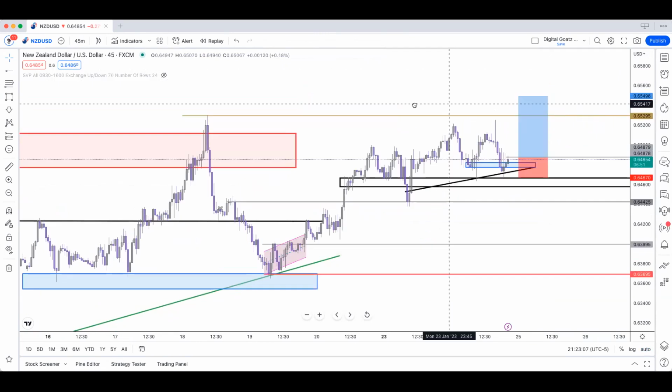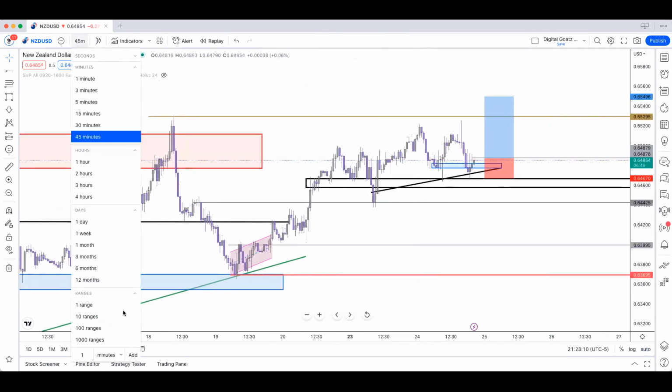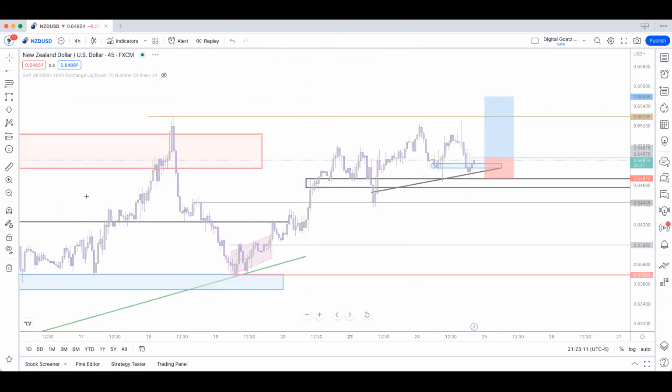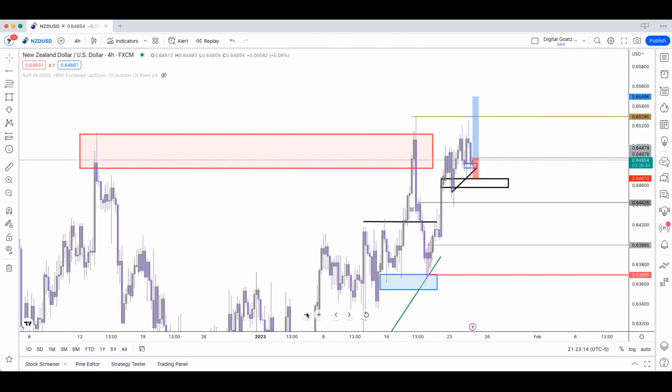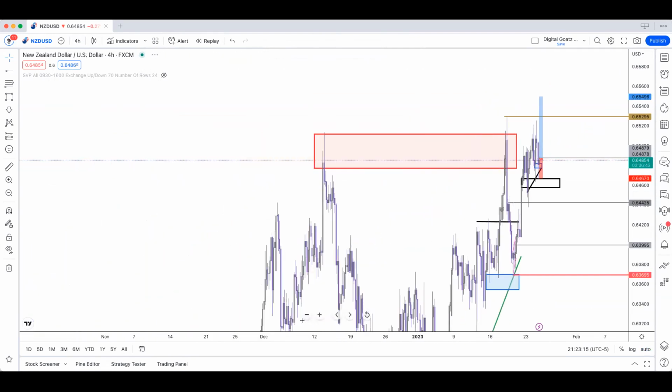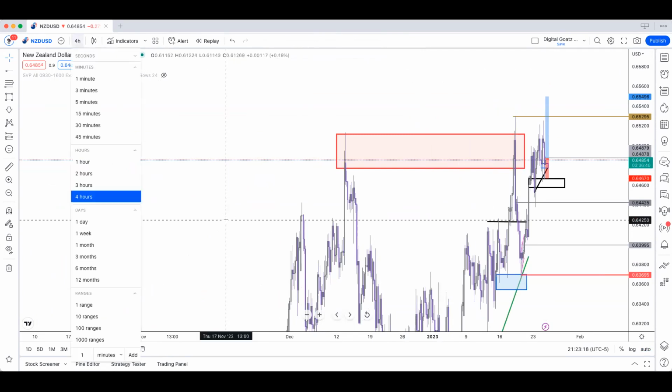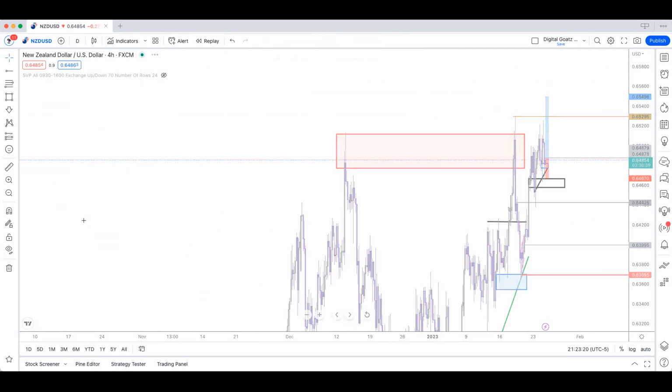Yeah, we have nothing to really reference the market off of, other than I'm trying to find a previous high. So yeah, once price breaks out of this, it is out of there.